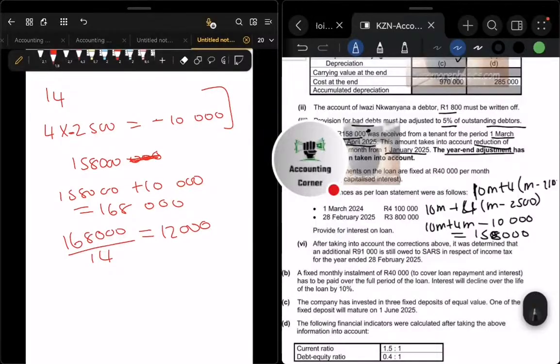So now we need to remove the rent received in advance. That was received for an extra 2 months. So we'll say 12,000 minus the reduction times 2. 12,000 minus 2,500.